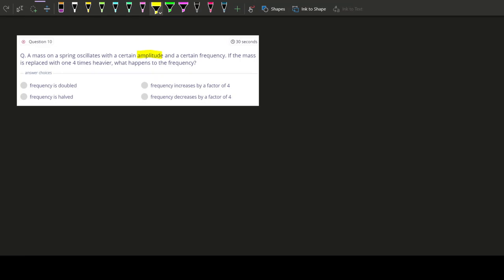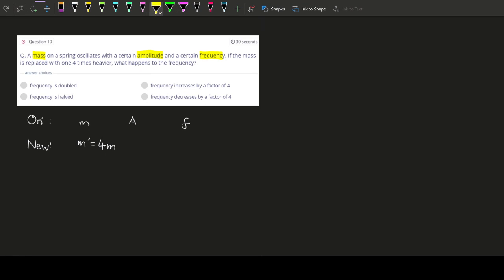So the original one has mass, amplitude, and frequency. This time they change the mass. The new mass will equal 4 times the old mass. You don't know much about amplitude. They are asking for the frequency.